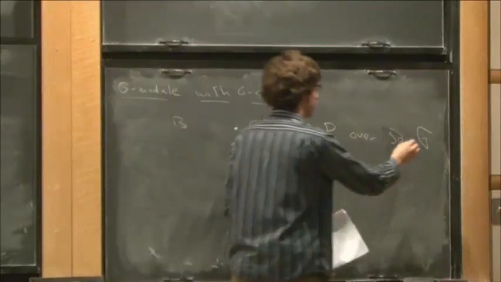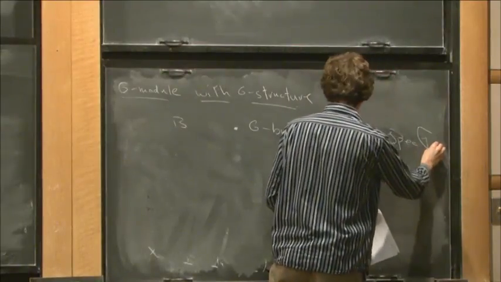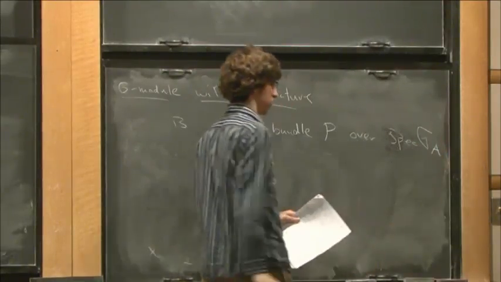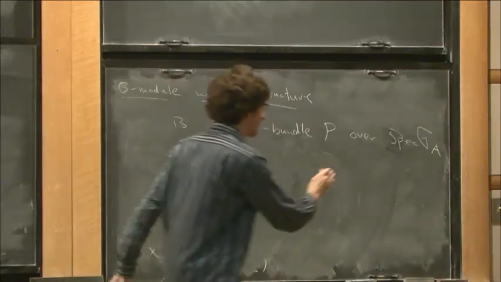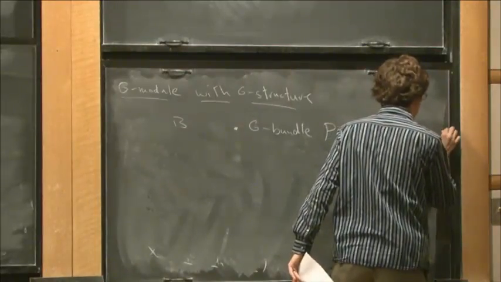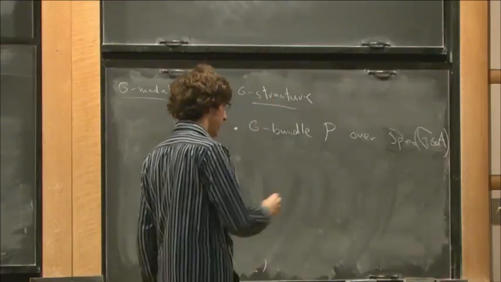Or maybe I should say, if we're working over our Artinian ring, it should be over sigma tensor A. Let's just be clear, sigma tensor A over Z_p.